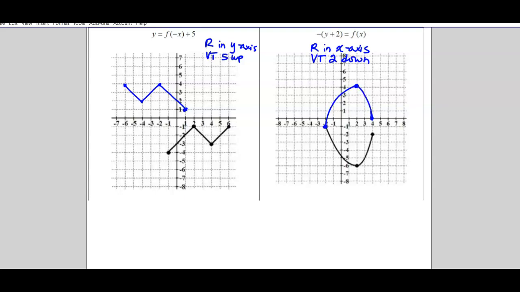Now, this is an interesting one because it looks like there's an invariant point, right? That point right here. We did a lot of talking about this in the springtime, actually, and technically, that's not going to be invariant because with each transformation, it didn't stay.